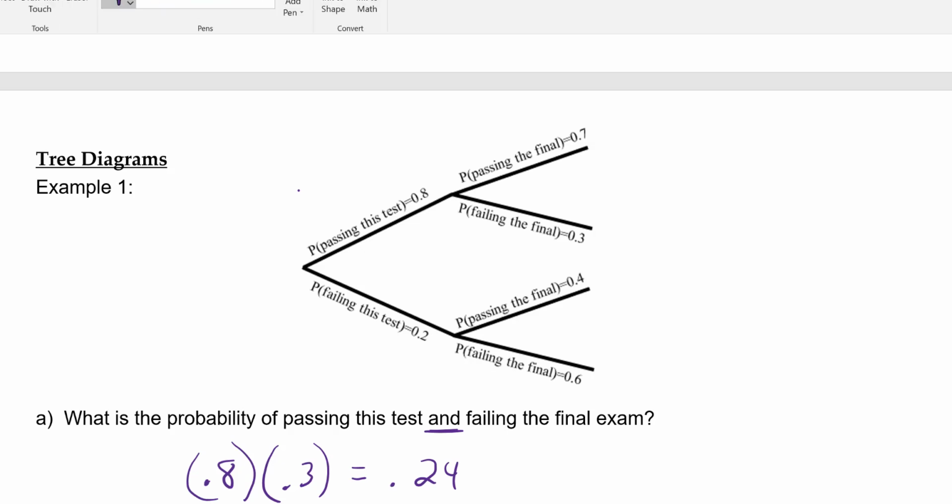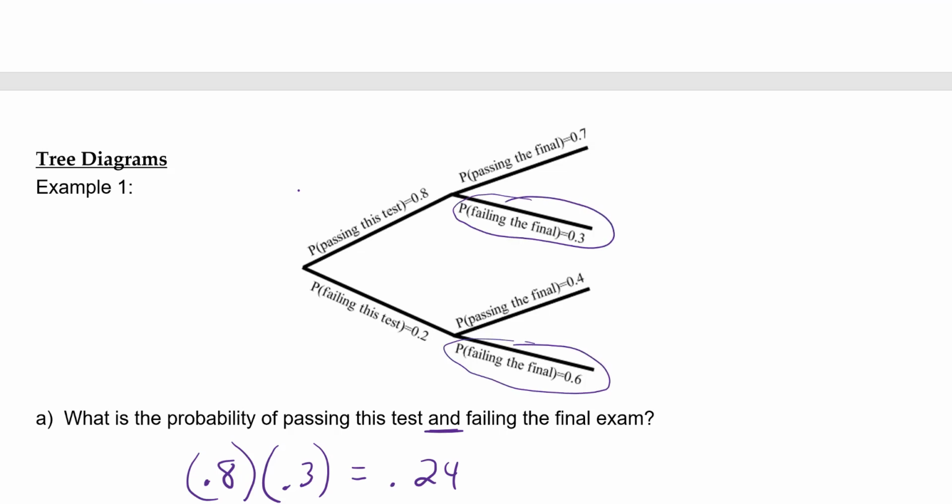The probability of failing the final is, well, it's here and it's here. Please don't just add those together. Okay? It's two scenarios. You either pass the test and fail the final, or you fail the test and fail the final. Okay? One of those two.